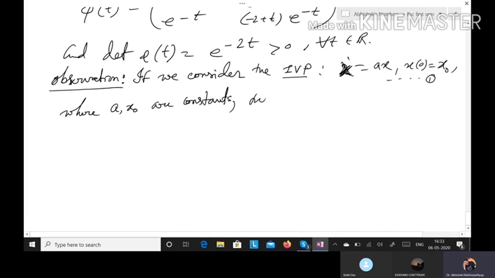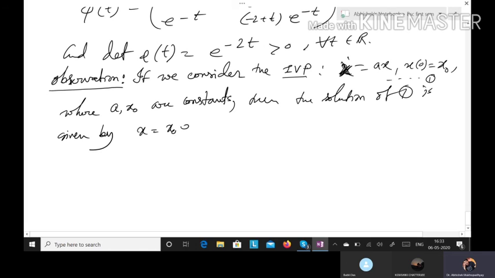Then the solution of one is given by x equals x naught e to the power at.